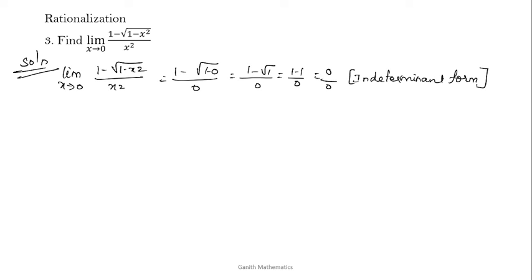We already learnt either we have to go with right hand limit or left hand limit, or otherwise we have to go with rationalization or factorization. So rationalization we do when there is a square root. So there is a square root in the numerator. So I am going to take a conjugate and multiply both the numerator and denominator so that I will remove the square root and I will find the solution.